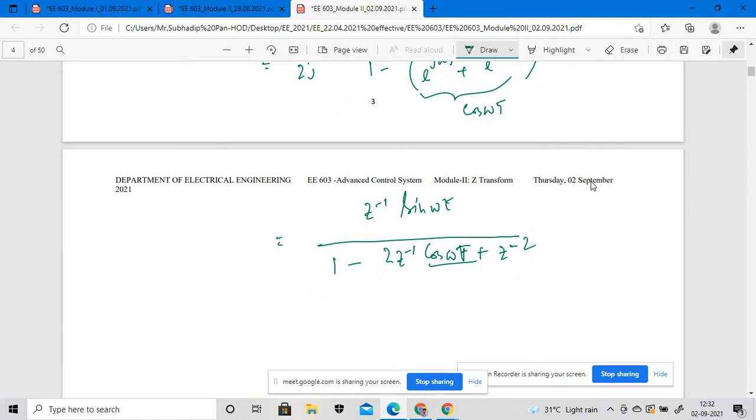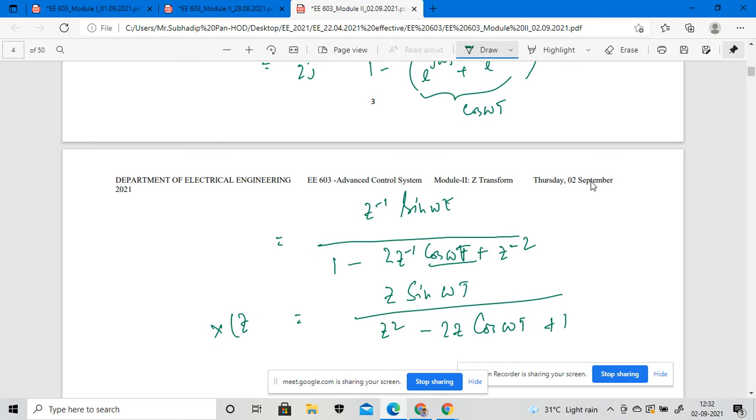So if we are doing the simplification using the function of z, then it will come z sine of omega t divided by z square minus 2z cos omega t plus 1.